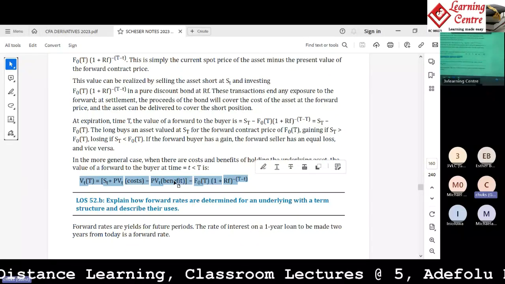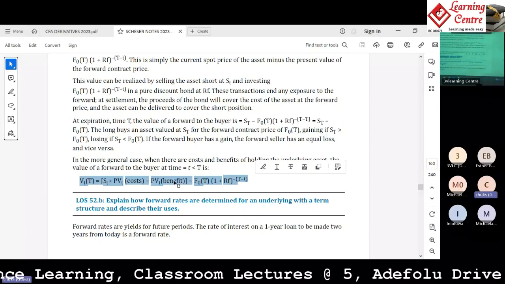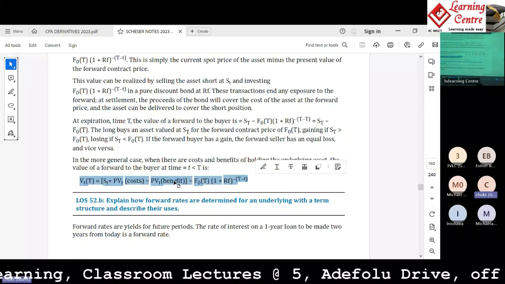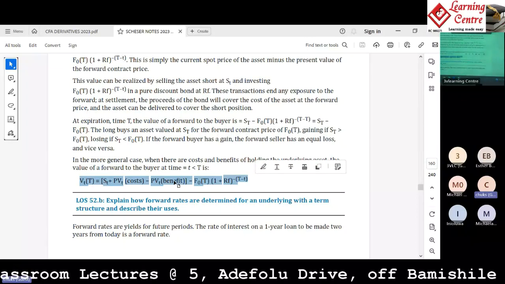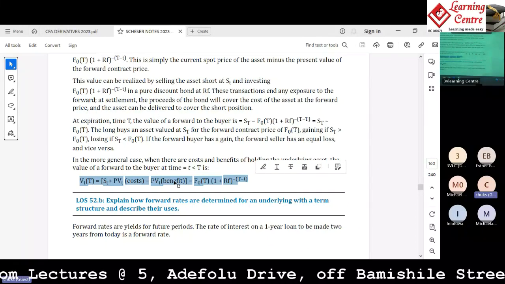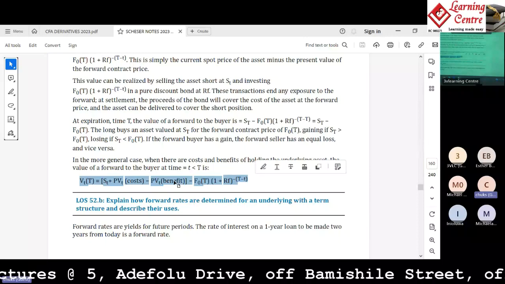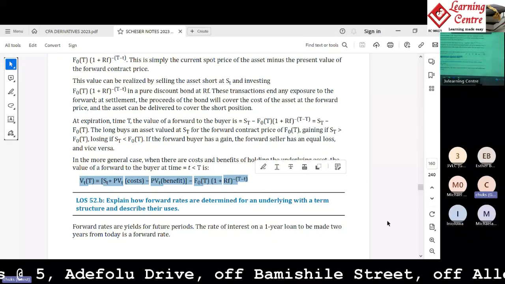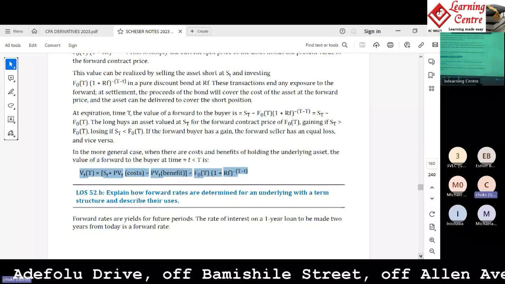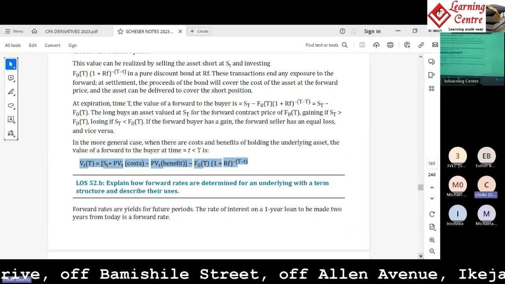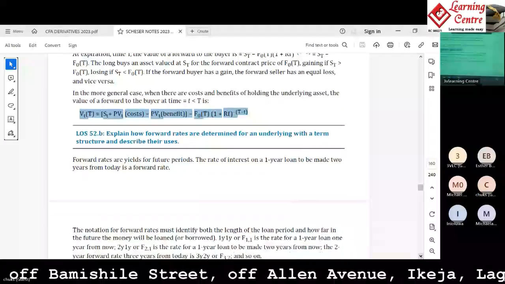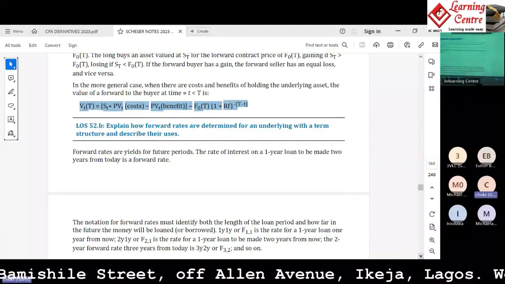All you need to know is that if it is a benefit, we deduct it from the risk-free rate. If it is a cost, we add it to the risk-free rate and we get our answer. That's basically what you need. You will not be asked to calculate all these things, so don't be worried about that.